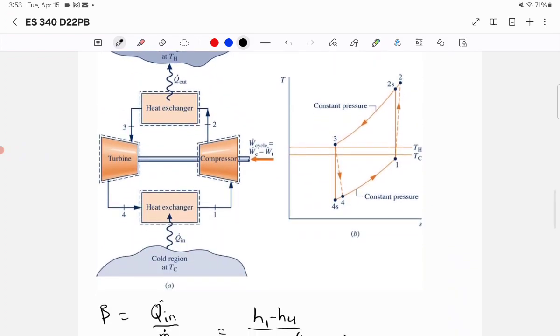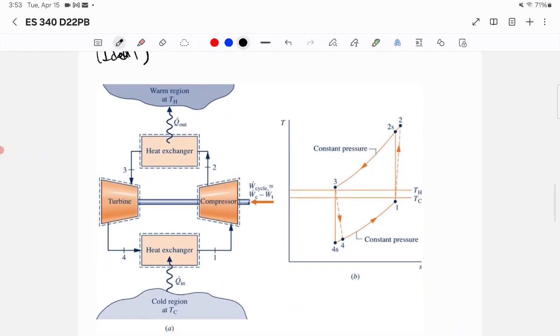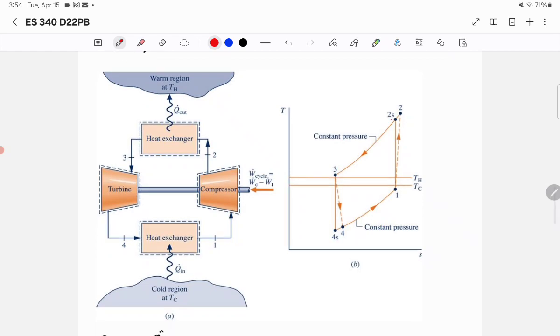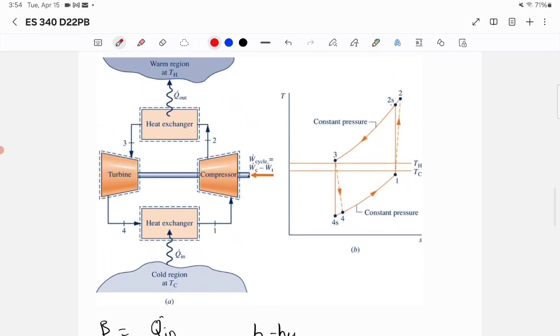Now, this diagram shows the ideal Brayton cycle. You can see that you have a couple of constant pressure regions, right? So, isobaric. I guess the dashed line shows the non-ideal case, and the solid line shows the ideal case here, right?